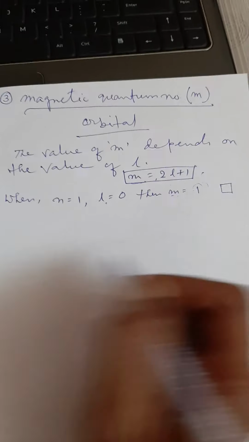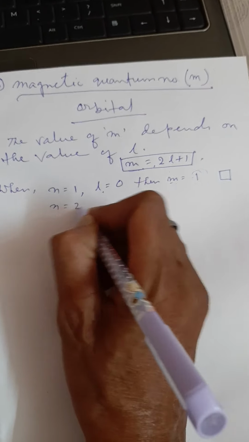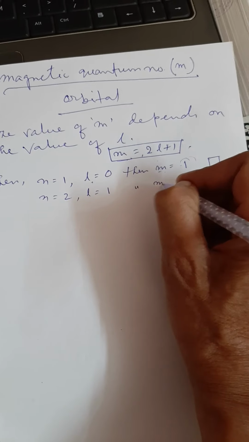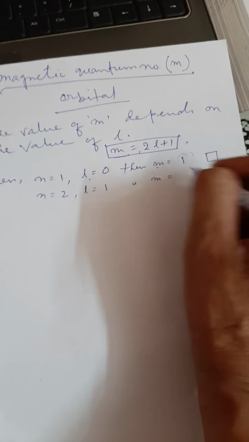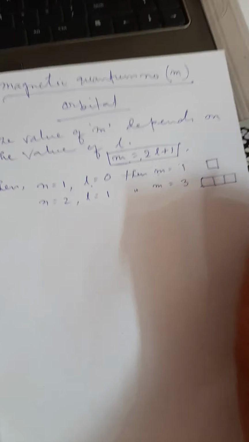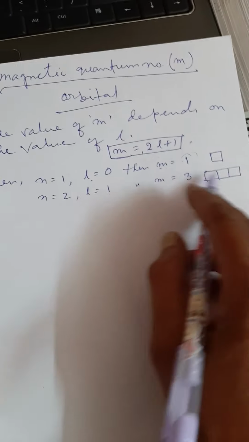Okay, now n equal to 2, l equal to 1, then m equal to, put the value of l over here, it will be 3. Look at these 3 orbitals.